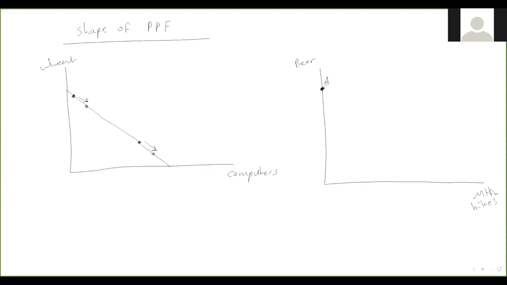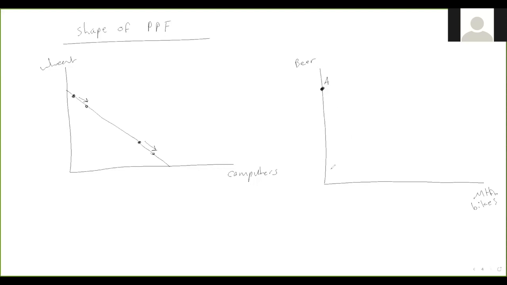We've got the whole workforce producing beer and nobody producing mountain bikes. And so the implication of this is that everyone's producing beer, even if they're not good at producing beer. So even if you're really, really good at making mountain bikes, you're still producing beer.